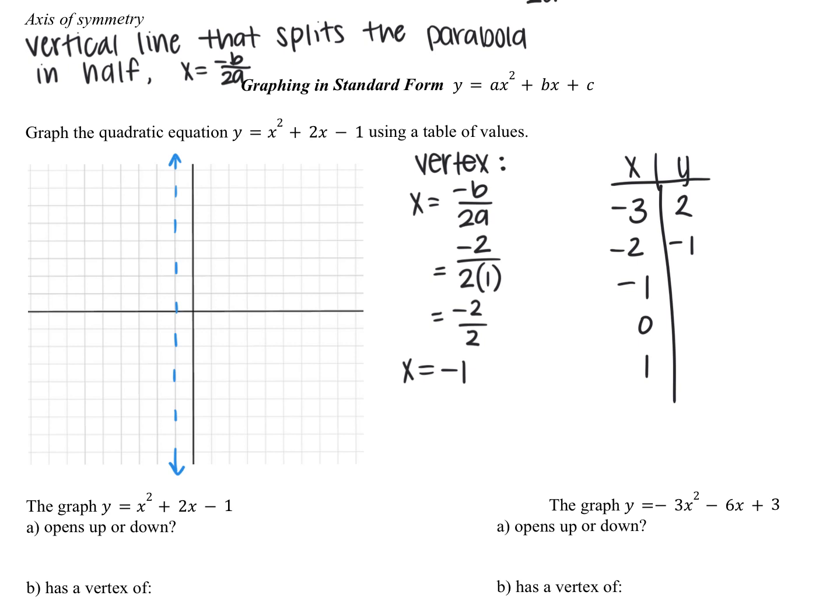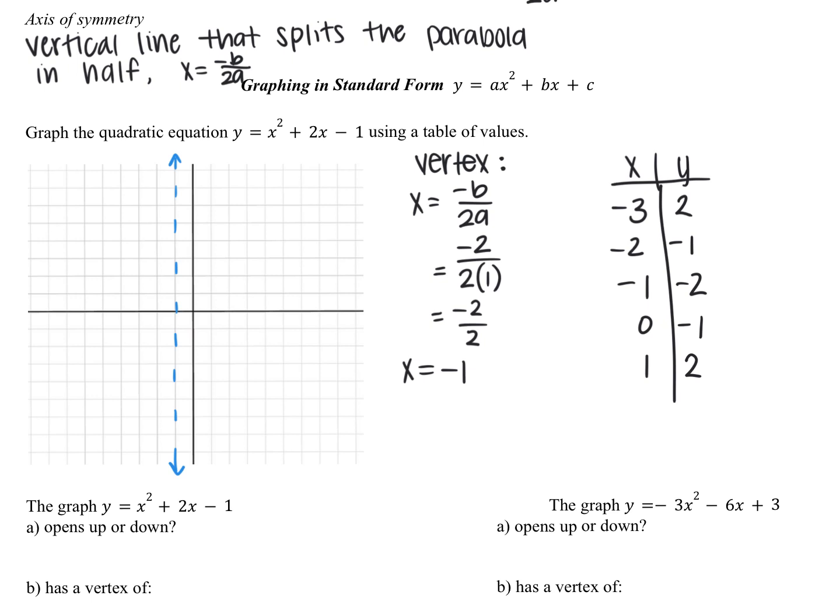Now negative 1 in parentheses squared plus 2 times negative 1 minus 1 gives me negative 2. The nice thing is, when I plug in 0, 0 squared is 0, 2 times 0 is 0, so I'm just left with negative 1. And then 1 squared is 1, 2 times 1 is 2, so 1 plus 2 is 3, minus 1 is 2.